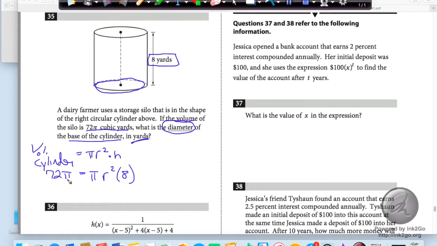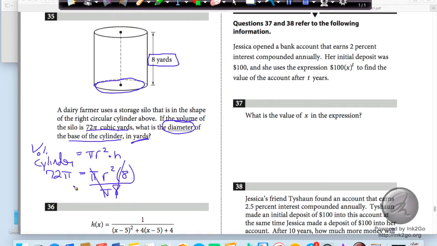Now I can divide both sides by what they have in common. Here I have a pi, and here I have an 8, which will go into the 72. The purpose is to isolate r, so I'm going to divide both sides by 8 as well as pi.